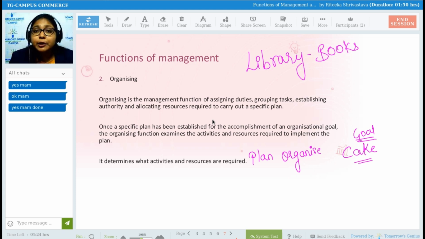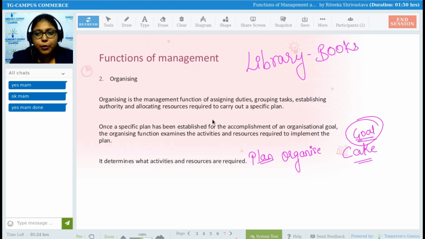If you are going to make an egg cake, then you are going to get eggs. You will organize all these materials. This is what every function does. Once they make a plan for any objective or goal, next thing they are going to do is start organizing the things which are going to be required.